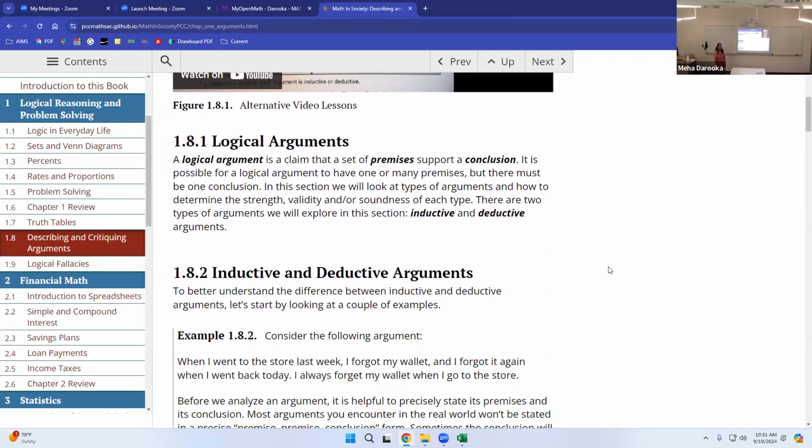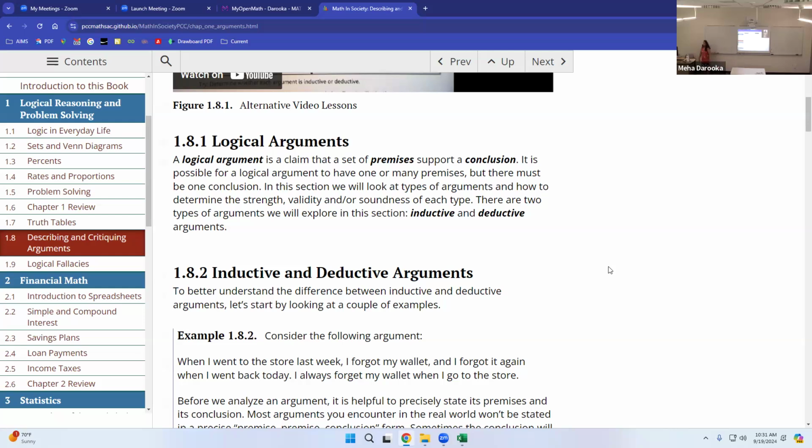And that's kind of what we've been doing with the and, or, if-then, negation statements. It is possible for a logical argument to have one or many premises, but there can only be one conclusion, right? Because ultimately you are reaching that one final conclusion. So we're looking at different types of arguments here. We're going to determine the strength, the validity, or you can think of the soundness of each type of argument.